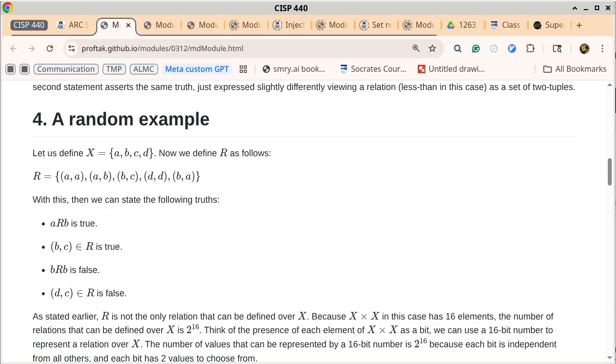So b does not relate to b using relation R over X. We can also see (d,c) is an element of R is false. In other words, we are looking at R as a set when we use the element-of operator, and we look at R as a relation when we use bRb or aRb in those notations.